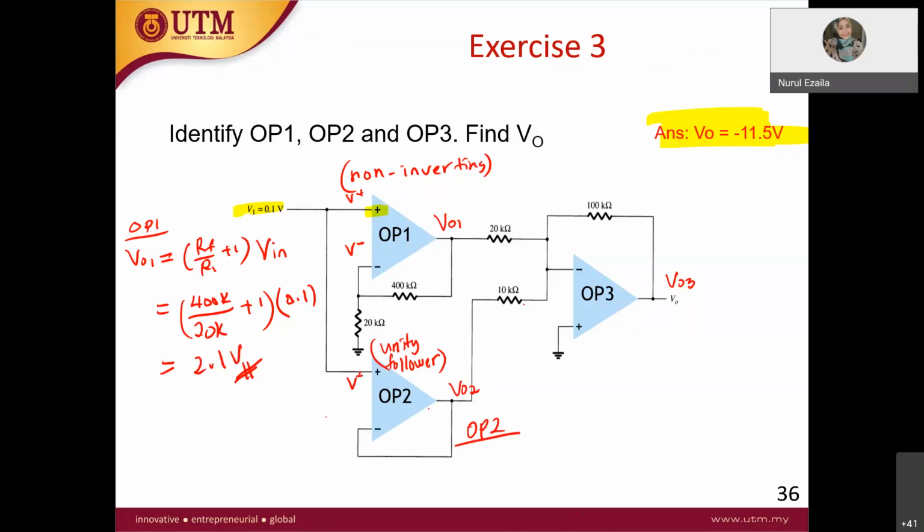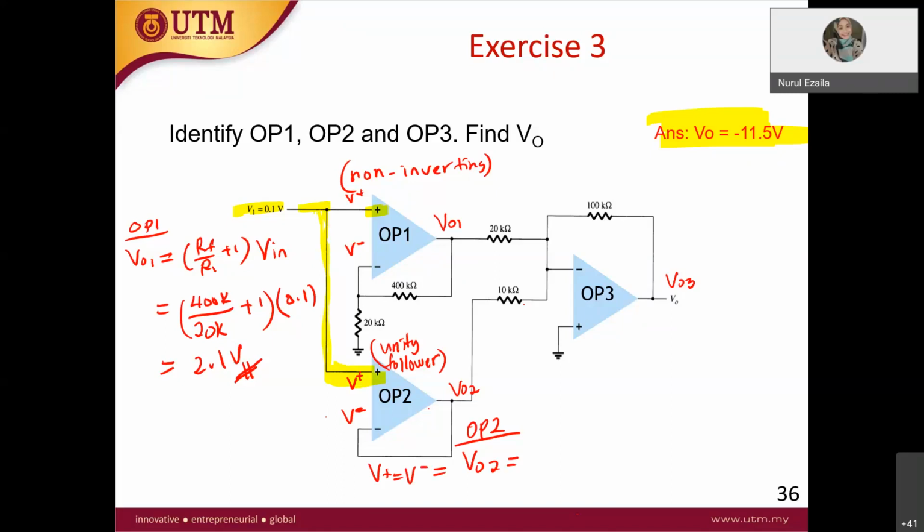So for op-amp2, V plus is equal to V minus, which is equal to V out 2. What is V plus in here? 0.1 volt, yes, the same node over here.